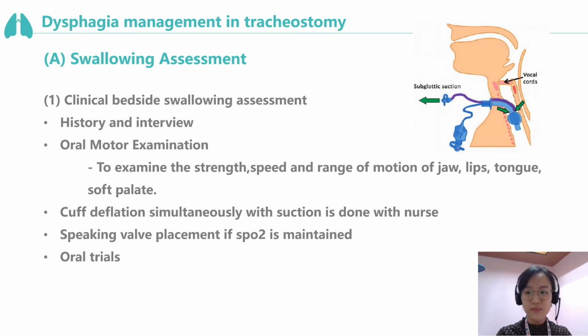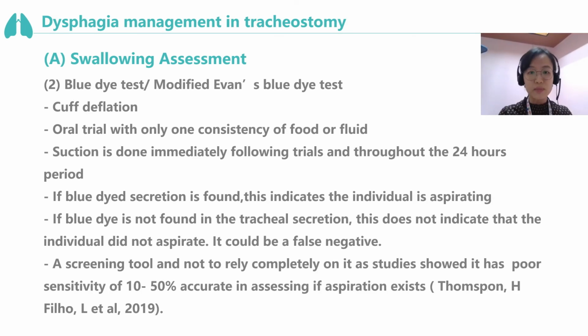The second type of swallowing assessment is the blue dye test or modified Evans blue dye test. This is commonly done in patients with tracheostomy. First thing we do is deflate the cuff. With the blue dye test, the oral trial uses only one consistency of food or fluid, because we don't want to mess up if the patient has actually aspirated on water.